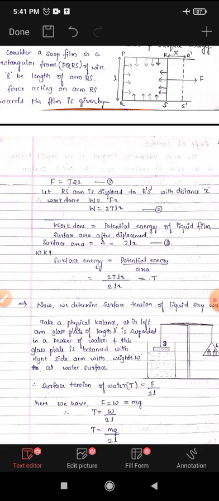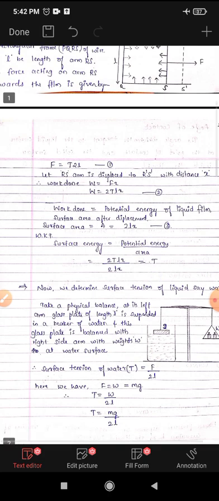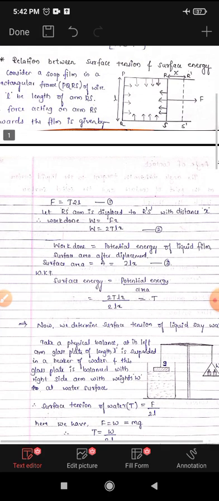Now the surface area after displacement: when the surface area is displaced, the surface area will be A is equal to 2L into X. The area of this film has now become 2L into X because X is the displacement we have taken. Take it as equation number 3.